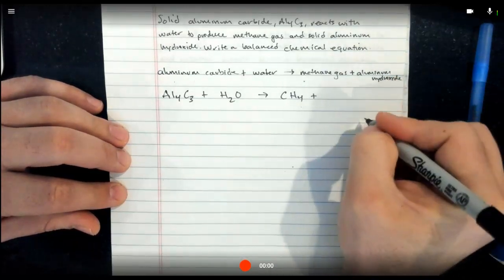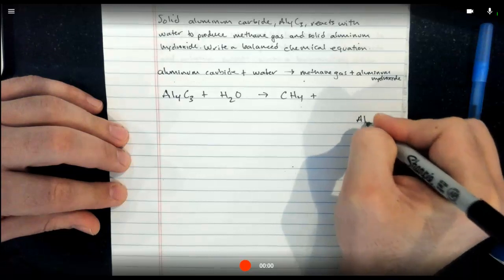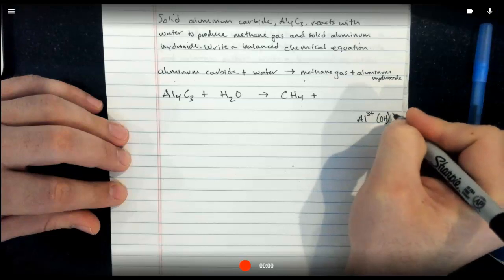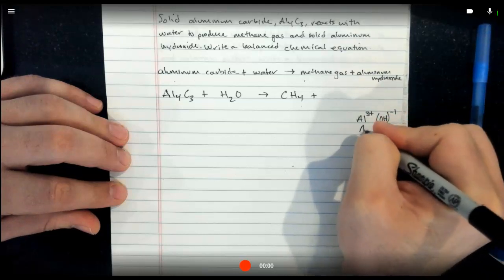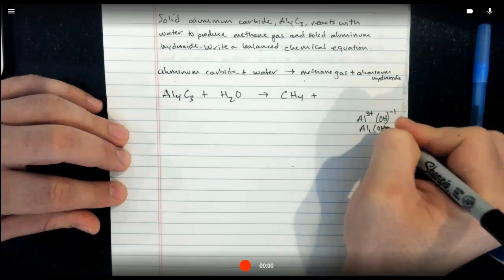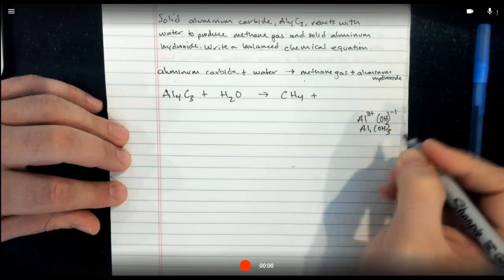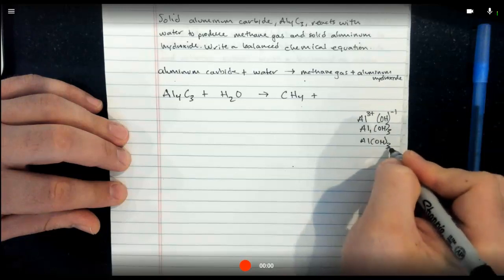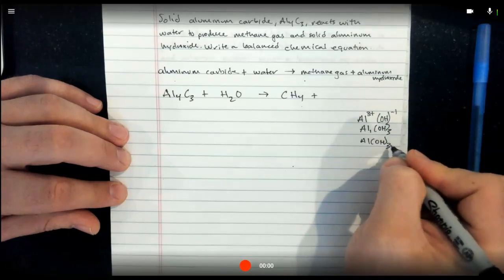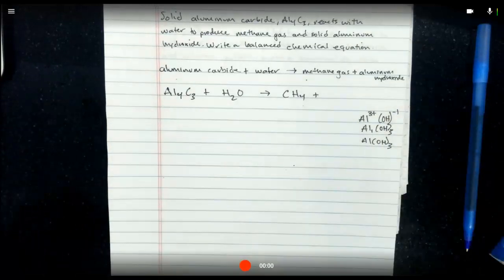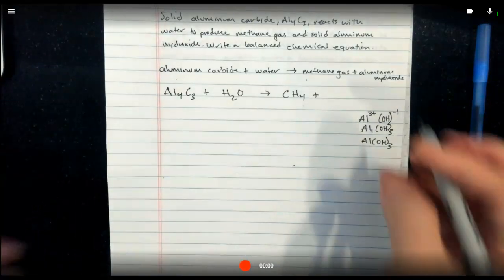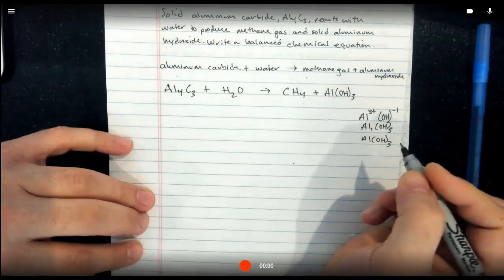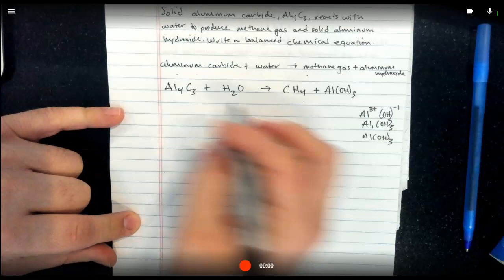So to get aluminum hydroxide, we have aluminum with a 3+ charge, hydroxide with the 1- charge. So when we do our switcheroo, we have Al1, OH3. Clean it up, we can drop the 1, but we need to keep the parentheses because outside of the parentheses we have the subscript 3. So we have Al(OH)3.